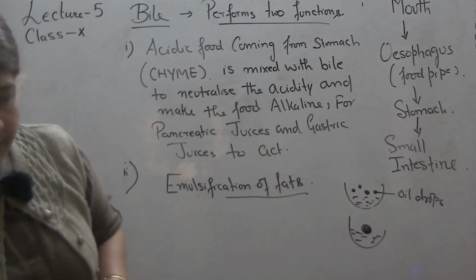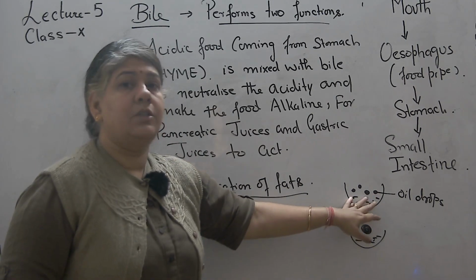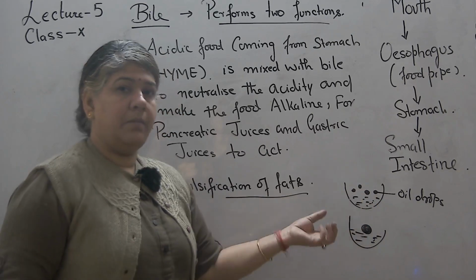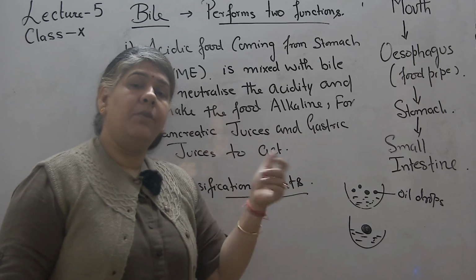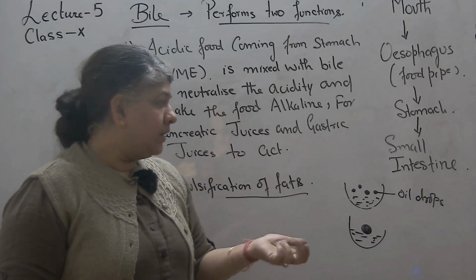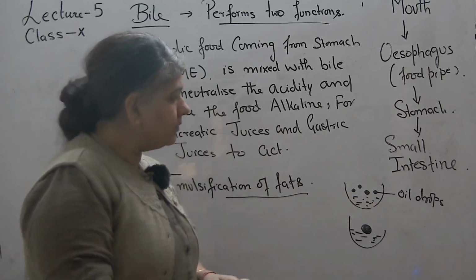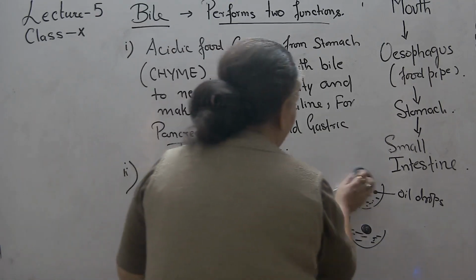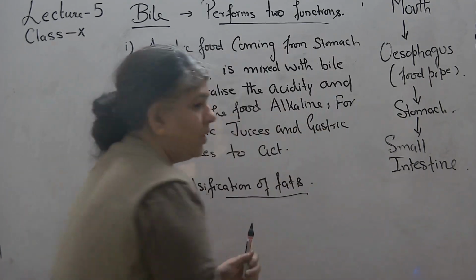Emulsification action is performed by detergents also. They break down oil droplets into smaller particles and further prevent them from coalescing or joining together. This is done by reducing the surface tension. Okay, so emulsification is basically this phenomenon.